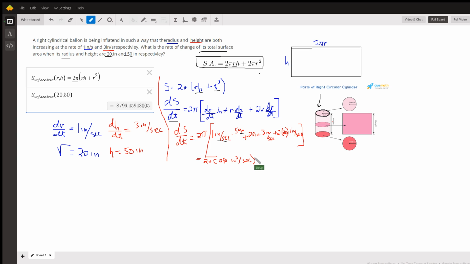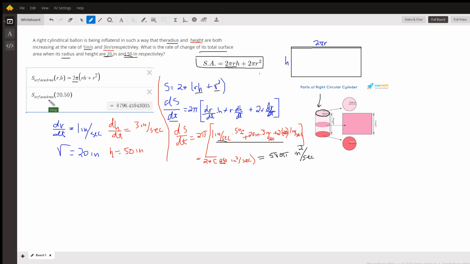If you multiply these all out and add them together, you get 290 on the inside, multiplied by 2 pi, so 580 pi inches squared per second is the rate of change of the total surface area at a particular point in time when r is 20 inches and h is 50.